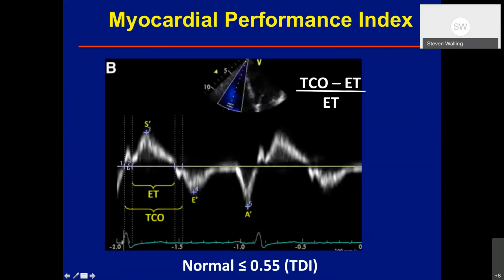So this segment plus this segment divided by this ET, and that's what you get. The numbers will be slightly different in this tissue Doppler view, less than 0.55 in contrast to 0.4 in the pulse wave Doppler view. So this is basically the performance of RV function.